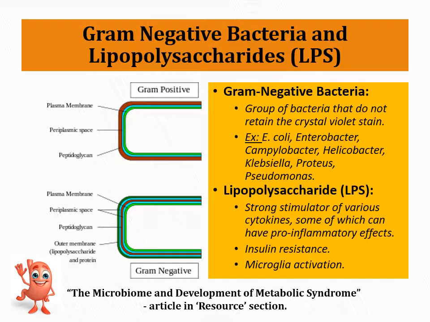One of the other problems when we start to accumulate bacteria in the small intestine that's coming from the large bowel is that some of these bacteria are what are called gram-negative bacteria. Gram-negative bacteria have as their outer membrane something called lipopolysaccharide. Lipopolysaccharide is an inflammatory chemical that can lead to things like insulin resistance.